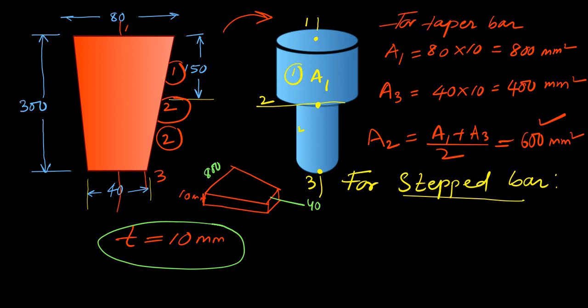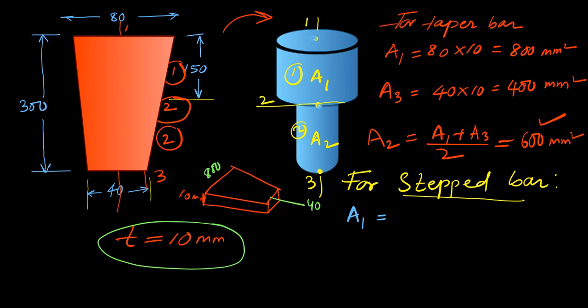So what will be the area for section 1 or element 1? We can say A1. A1 will be the area for this element. So first we should know the area at node 1 and the area at node 2 for the taper section.